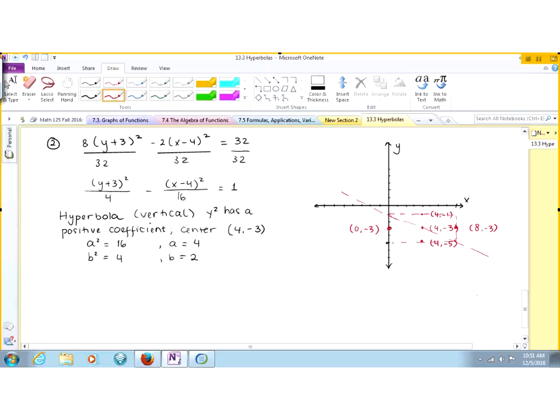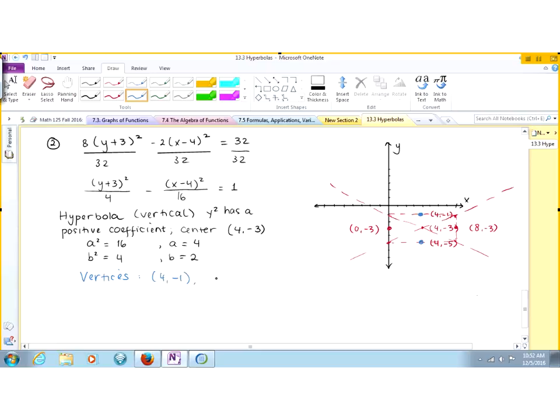All right. Good. And then we connect the two opposite corners to draw the asymptotes. So those are your asymptotes. Now, what type of hyperbola do we have? Vertical. So I'm going to use these two vertices. So I could label my vertices.